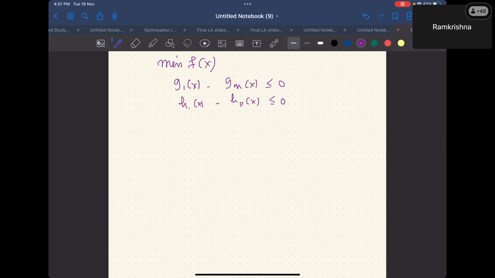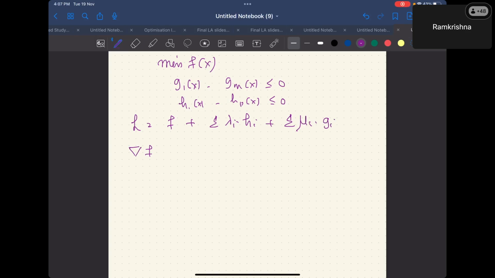Now I can write my general condition. So L will now be f plus summation over lambda i hi, the equality constraints, plus summation over mu i gi, the inequality constraints. And what are the first order conditions now?